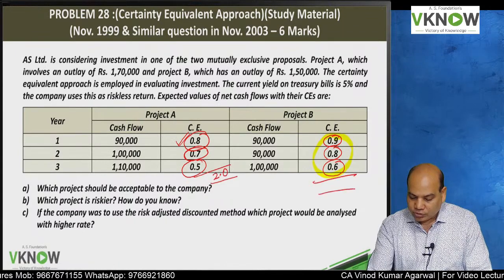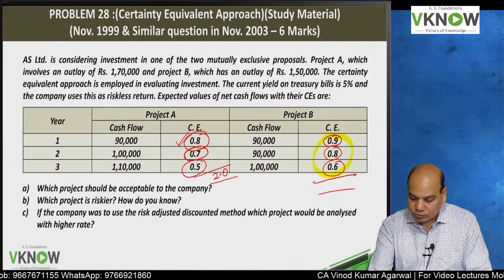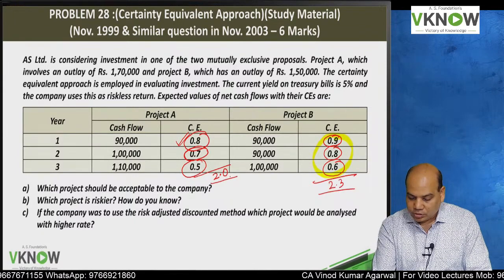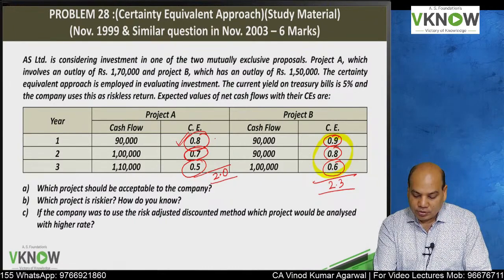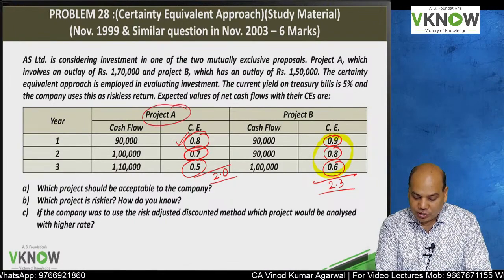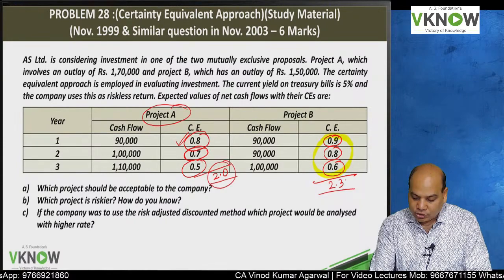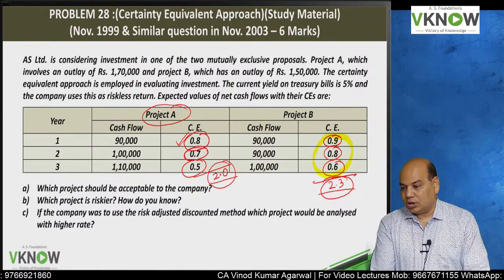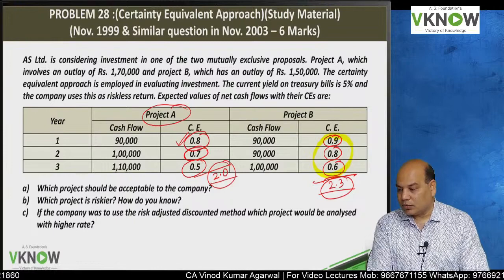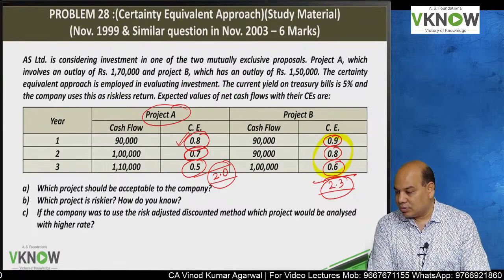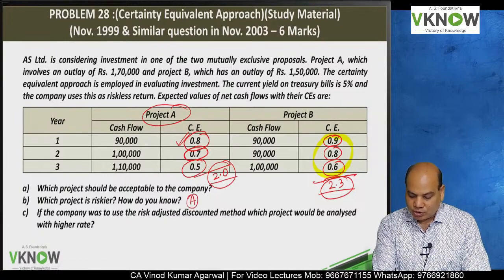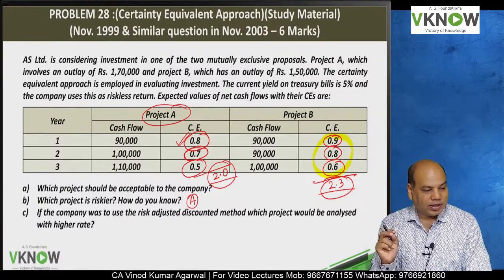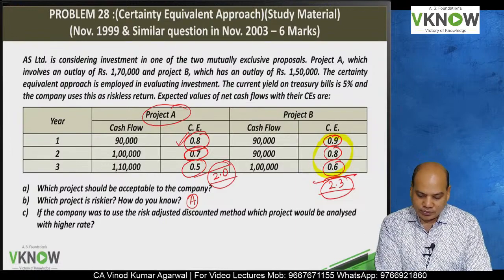This total is 2.3. So individual year also, the risk is higher in case of project A, and at the total also, the total CC is lower for project A. Lower the CC, higher the risk. So answer for this question is project A is relatively riskier.